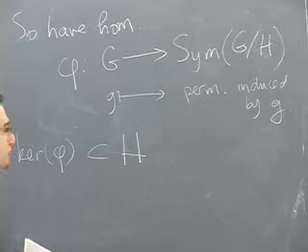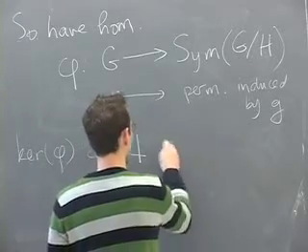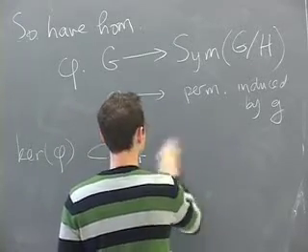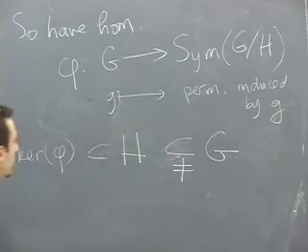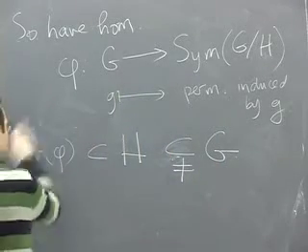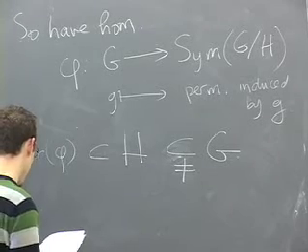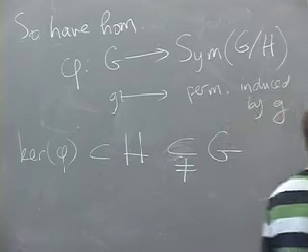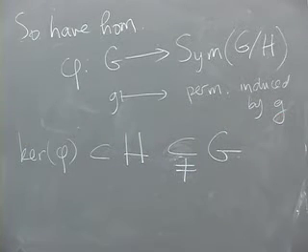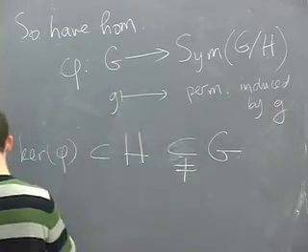It's a normal subgroup of G which is also contained in H, so this thing is a proper subgroup of G. It is not all of G. Moreover, we had a hypothesis here: G is simple, right?